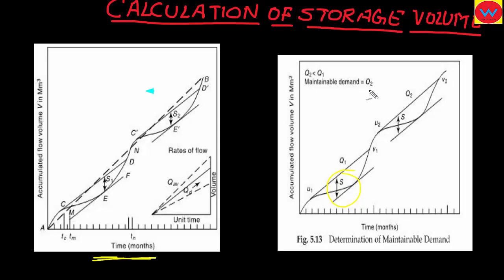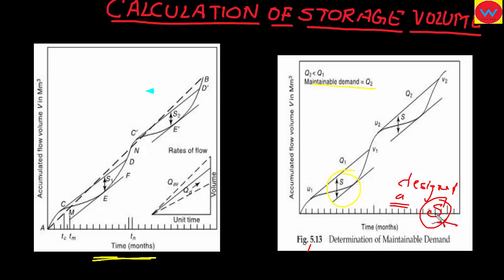Now how do we calculate maintainable demand? First of all you draw tangents to various ridges. For a given storage value, suppose we have designed a reservoir, and you are the dam authority, and you tell your city counterparts that S is the maximum value of storage, and beyond that you cannot do anything.